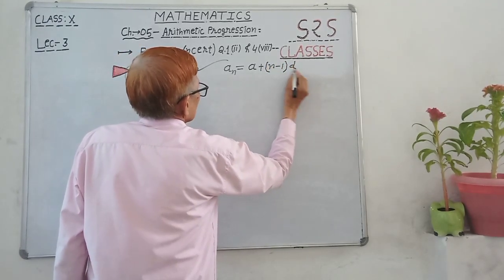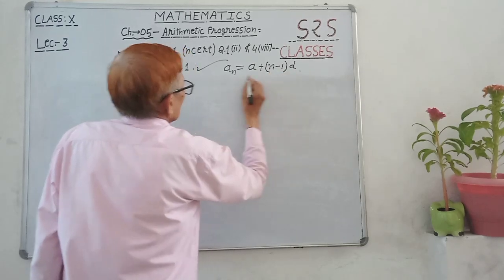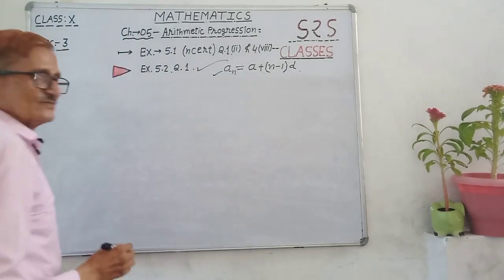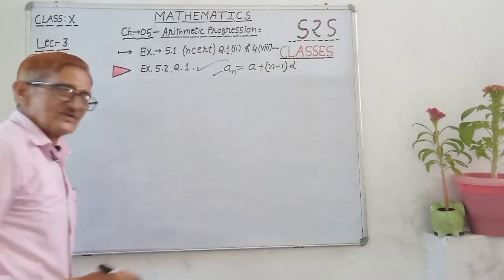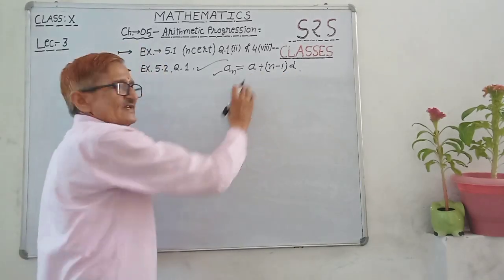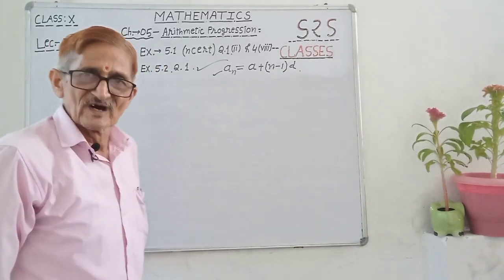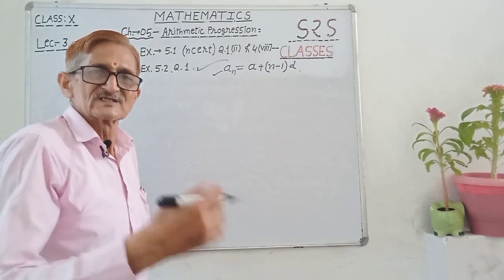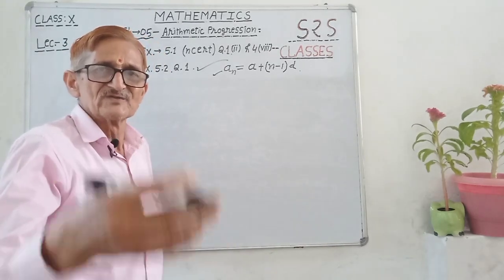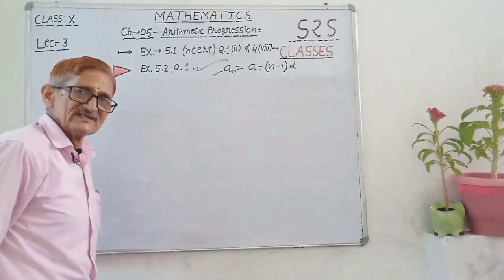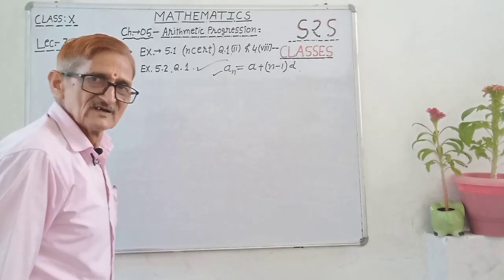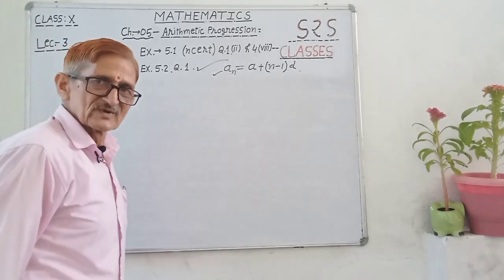I told this. Okay, we have to use this formula, where d is the common difference and a is the first term and n is the number of terms, counting of the term: first, second, third, fourth, fifth, पांचवी, छठी, सातवीं, आठवीं term, n is 8. n is the number of term, counting.